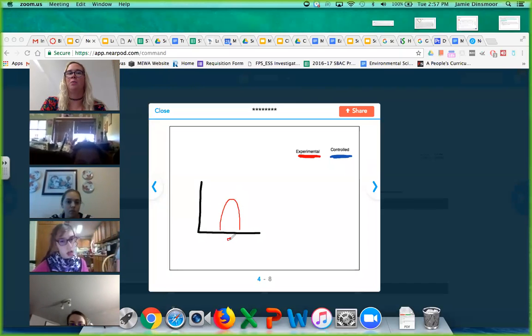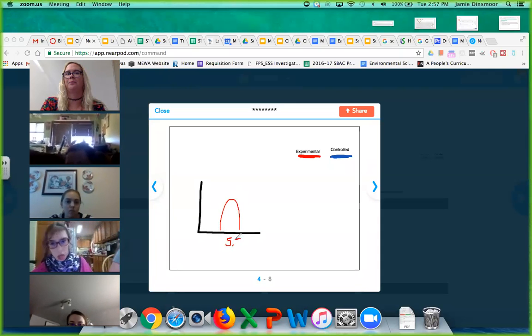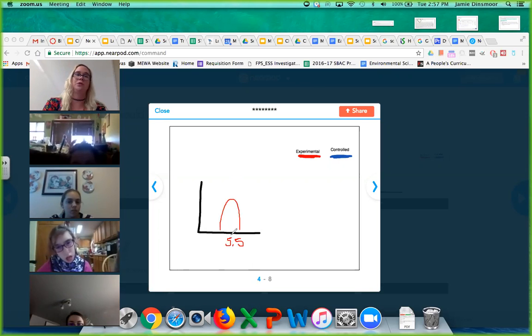If this is 5 point, what was the average? 5.5, something like that. By the way, I'm in Zoom right now if you can't see what I'm doing because I don't know how to do this in Nearpod. I don't think I can draw on your drawings in Nearpod, which would be cool if I could. So our experimental mice, the mean is clustered around 5.5 and most of the data points are around that, right? They were like 6.1, 5.8, all pretty close to that.